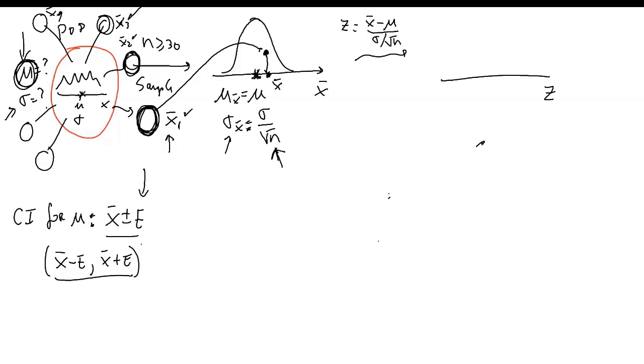But it's very strange that we know the standard deviation of the population when we don't know the mean of my population. However, when my sample size is bigger than 30, then the standard deviation of the population could be approximated with the standard deviation of my sample.